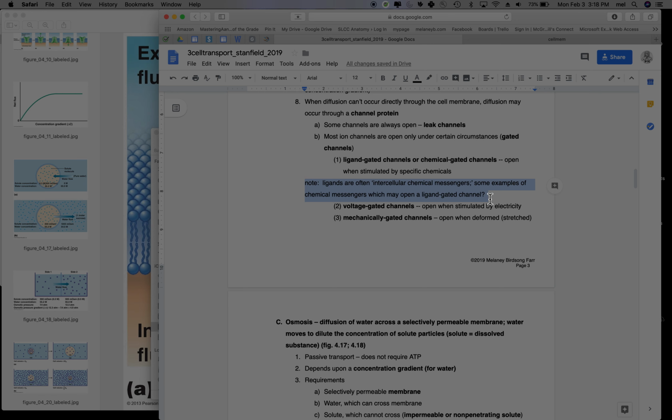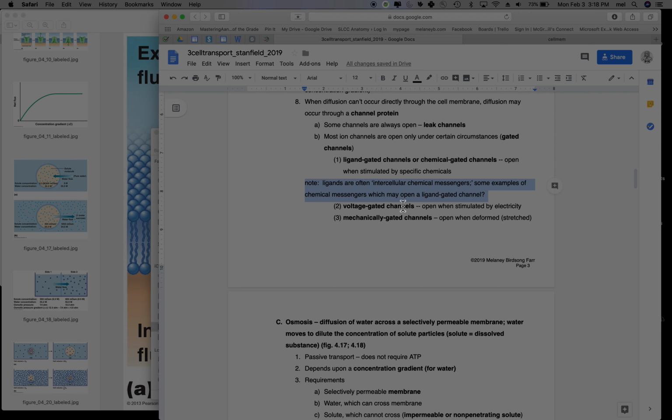The ligands that open the channel are usually chemical messengers like neurotransmitters, which you just saw in that last video. It was a neurotransmitter called acetylcholine, or a hormone or a paracrine agent. So the ligand that opens the ligand-gated channel is usually a chemical messenger of the type that we learned in the last set of notes.